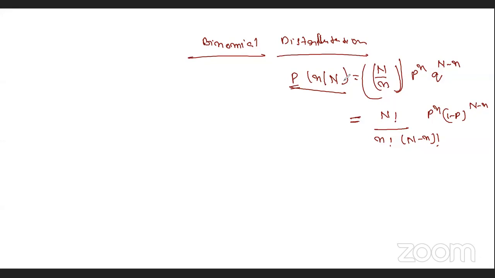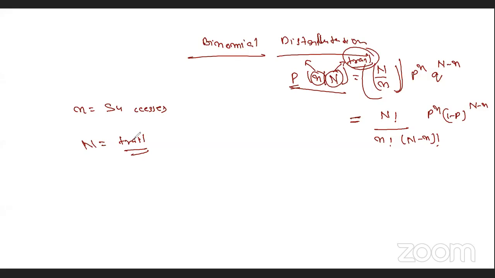Capital N is the total number of trials, the total number of experiments you have done so far, and small n is how many times you are able to get a success.